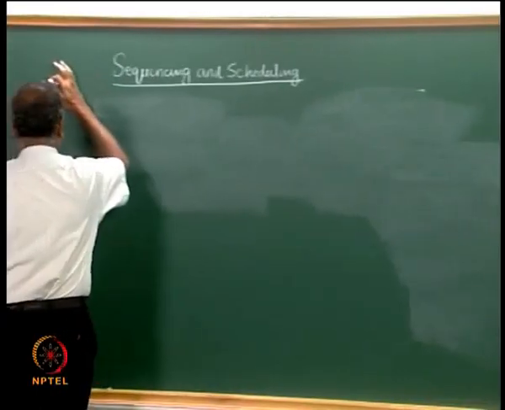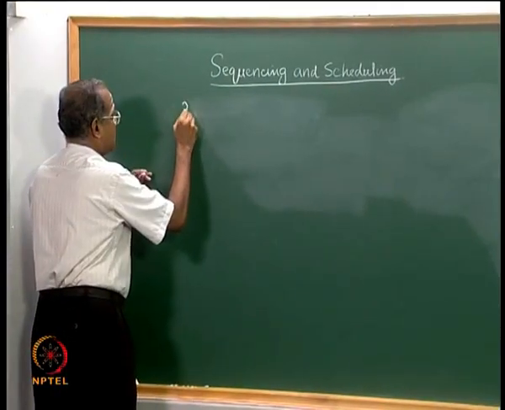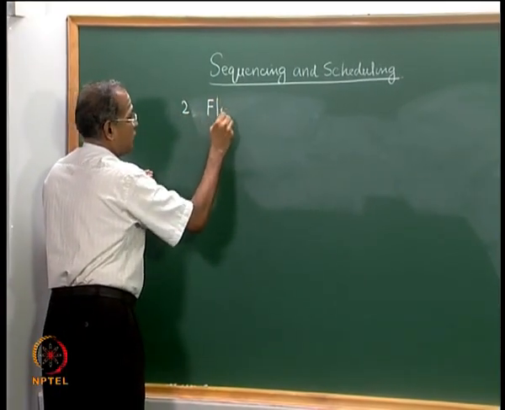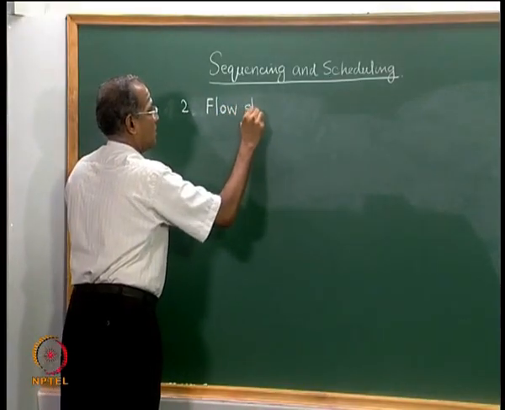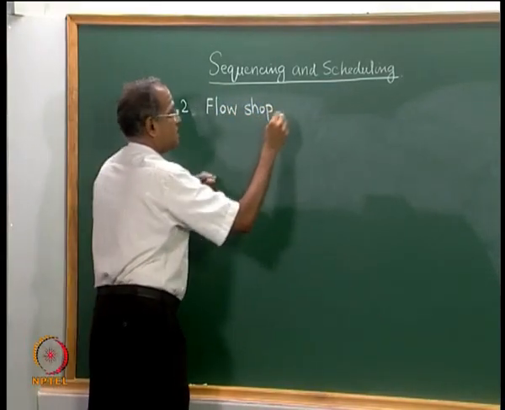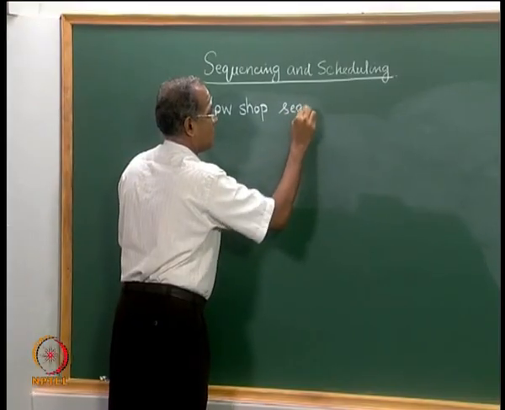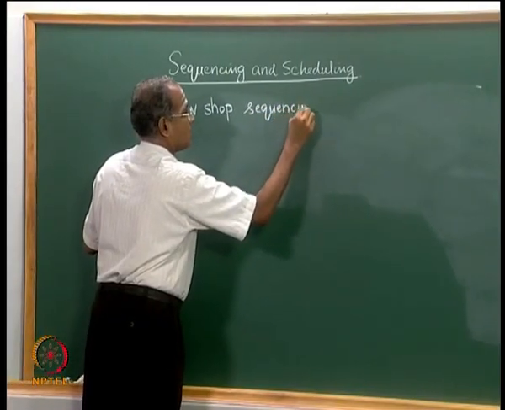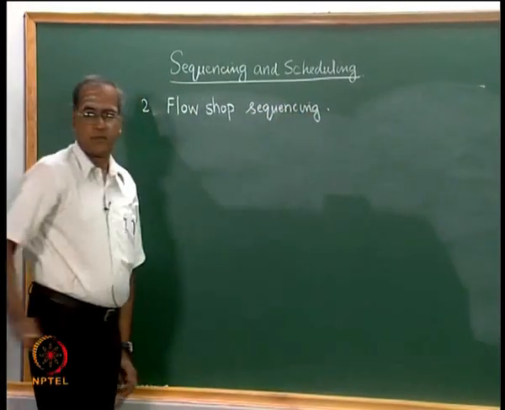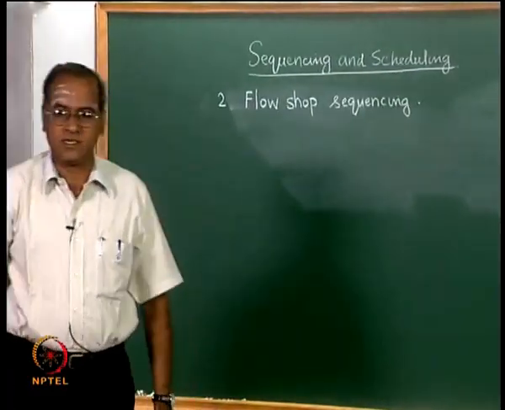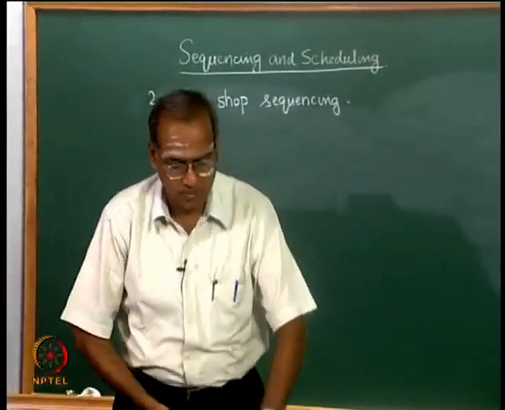So now we get into the next set of problems in sequencing and scheduling, which is called flow shop sequencing. We explain it through a small example.